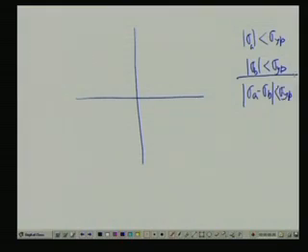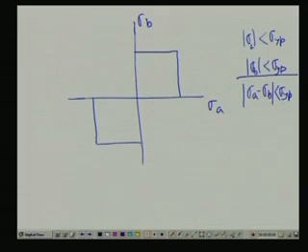If you plot all these situations, with this axis sigma A and this axis sigma B, you get something like this.